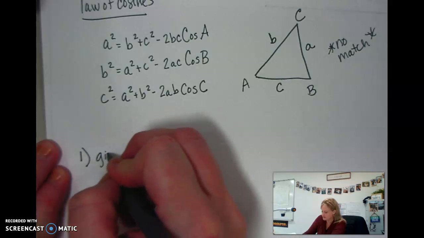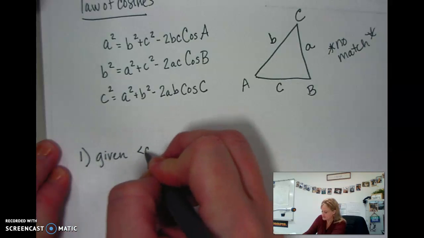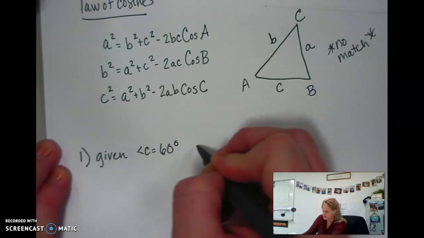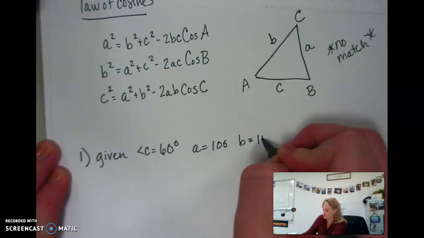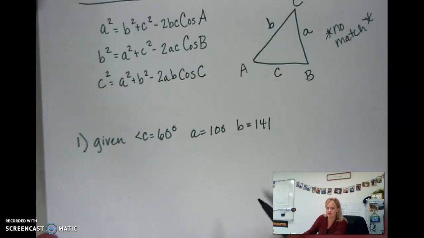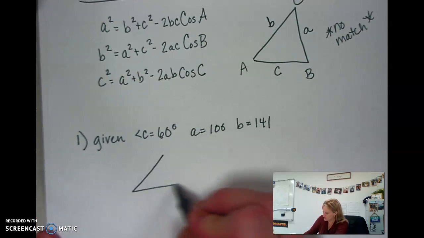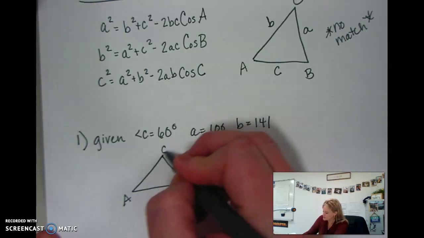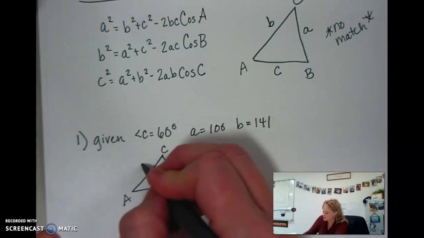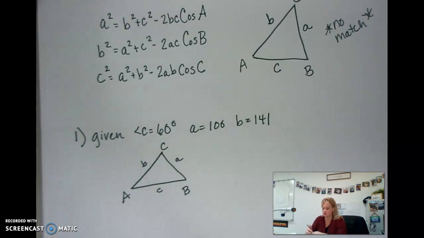If I'm given angle C is 60 degrees, side A is 100, and side B is 141. So if I go ahead and create my triangle here and label what I have, we're still going to solve the triangle, which means we're going to find all three angles and all three sides before we're done.